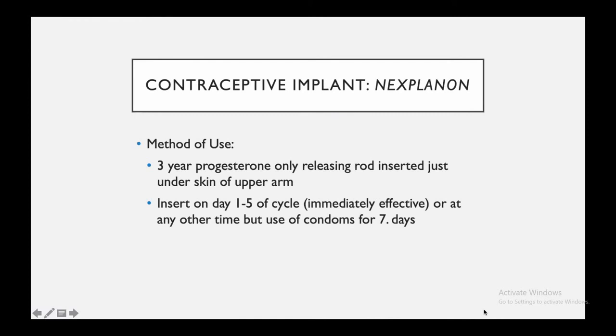And normally you would have local anesthetic being put in, and then they basically insert the progesterone only releasing rod. And typically it would be inserted on day 1 to 5 of your cycle, or at any other time, but with 7 days of condom use.